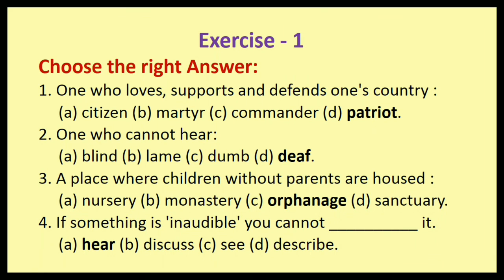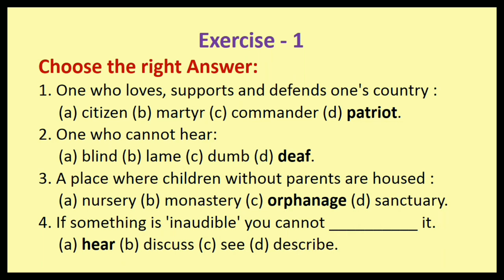Choose the right answer. First phrase is one who loves, supports, and defends one's country. And the right answer is patriot. Next, one who cannot hear, and the options are blind, lame, dumb, deaf, and the right answer is deaf.